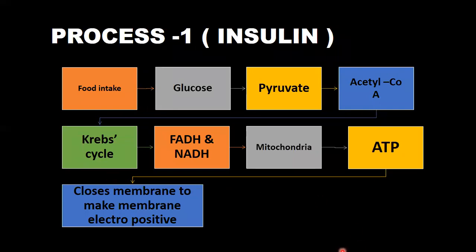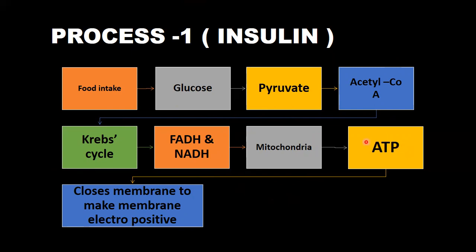Coming to the processes, how insulin works. As I said, in the feeding state, we see the play of insulin. When the person takes food, glucose is converted into pyruvate. The process is known as glycolysis. Then it converts to acetyl CoA. Then the Krebs cycle comes into play. Then it goes into the mitochondria, ATP synthase works, and it releases ATP.